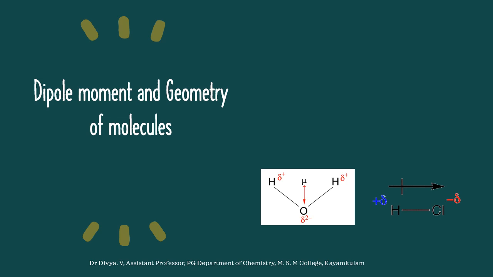So next we will consider molecules of AB2 type. Okay, AB2 type molecules, let us look. Example, H2O, the water molecule. The oxygen of the water molecule is here. We know that oxygen is more electronegative than these hydrogen atoms. So what will happen?